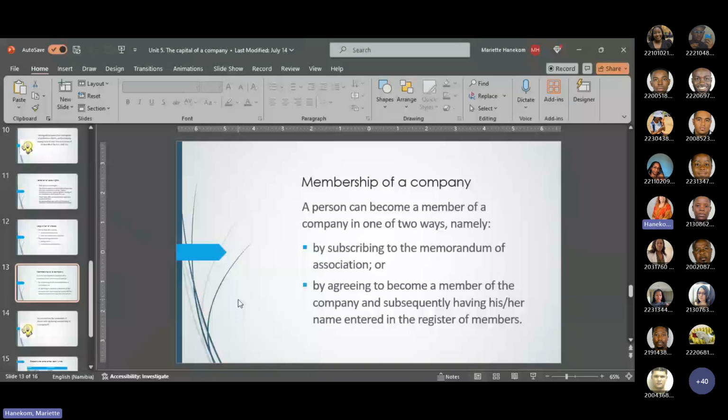As I've stressed before, only the founding members sign the Memorandum of Association. Anybody that becomes a member of a company after that becomes a member merely by agreeing to become a member of the company and having their name entered in the register of members.